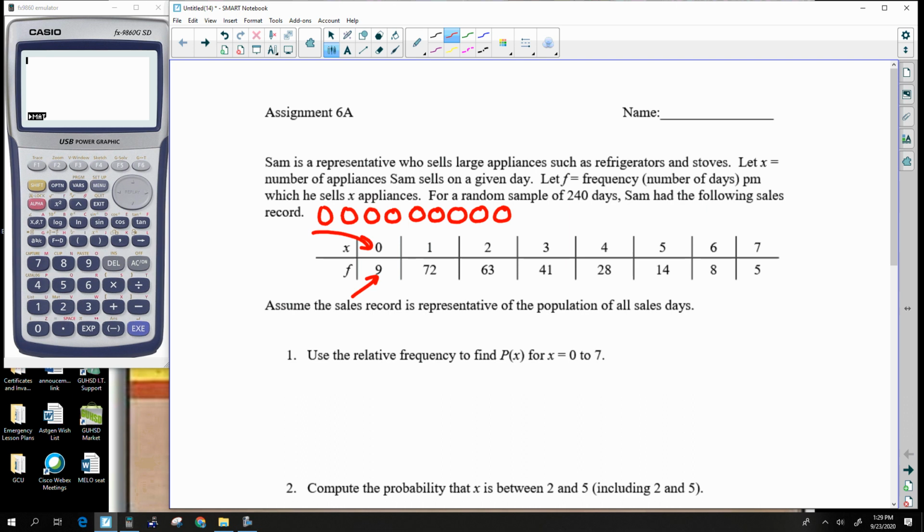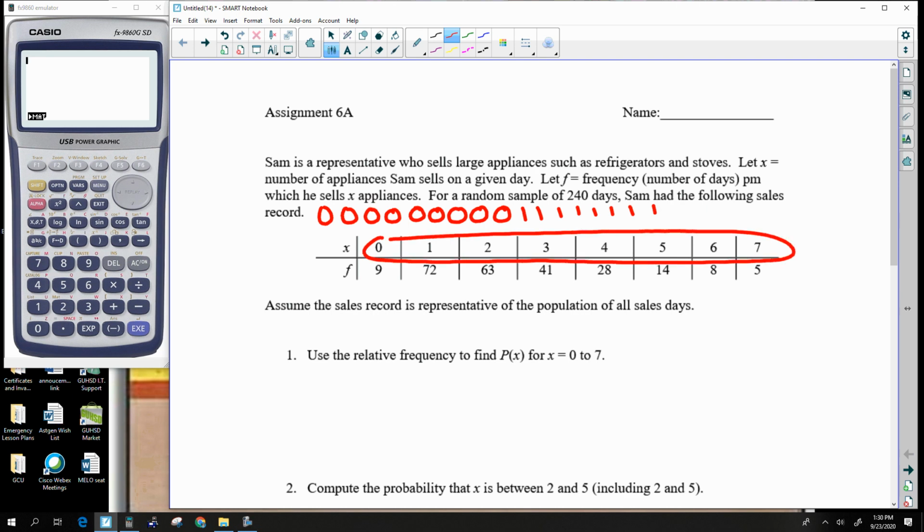So this list starts off with 9 zeros. And then it has 72 ones, etc. So this list is 240 numbers long, and it's made up of just zeros through 7. All right, so F is the number of somethings.